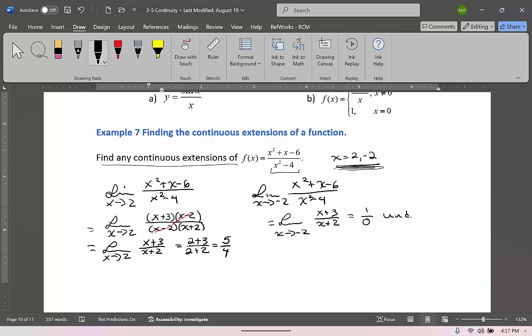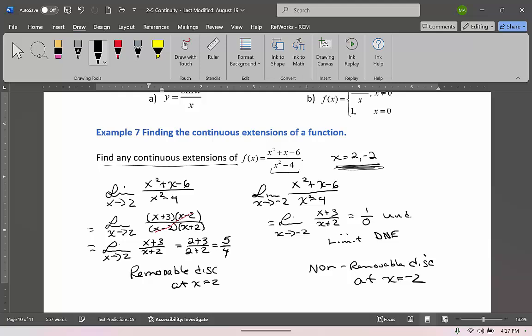So therefore, this limit does not exist. That means we have a removable discontinuity at x equals 2, but we have a non-removable discontinuity at x equals negative 2.